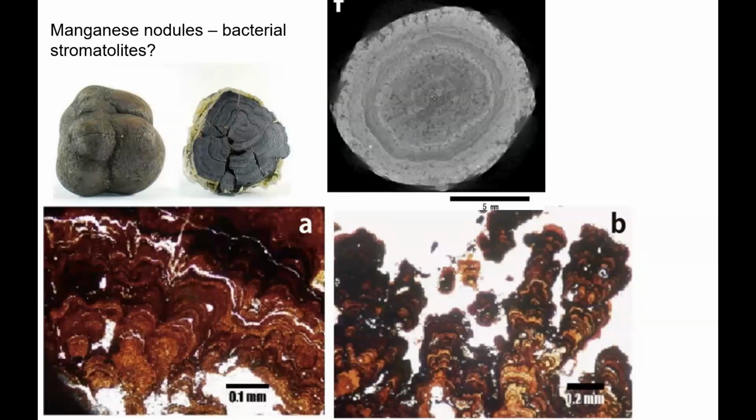And one reason it's an environmental disaster is because these things do not grow very quickly, and yet they look like stromatolites. Is that in fresh water or seawater? There's a deep sea. Yeah, so in the deep ocean, deep Pacific Ocean, several kilometers depth, there they are.